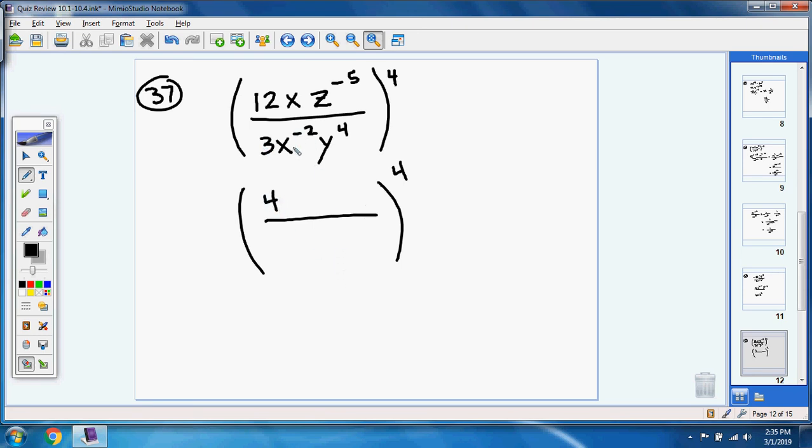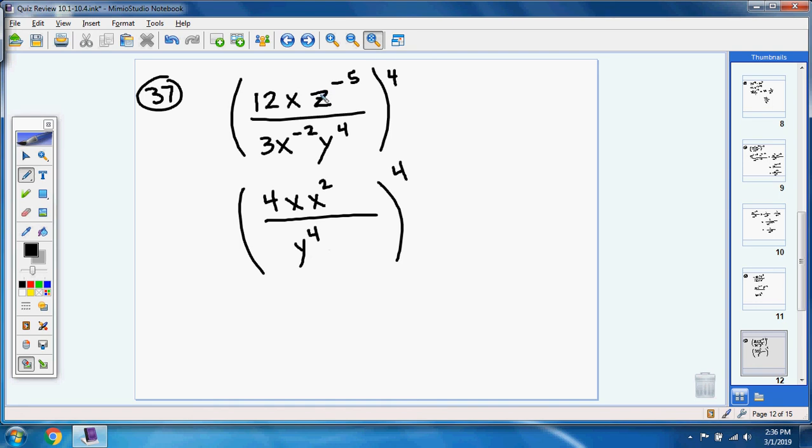My x's, I don't want the negative exponent at the bottom, so I'm going to change its location, which tells me to put it at the numerator. So at the top, I already have an x, and now I have an x squared. Putting that together will be an x to the third power. The y gets to stay where it is.